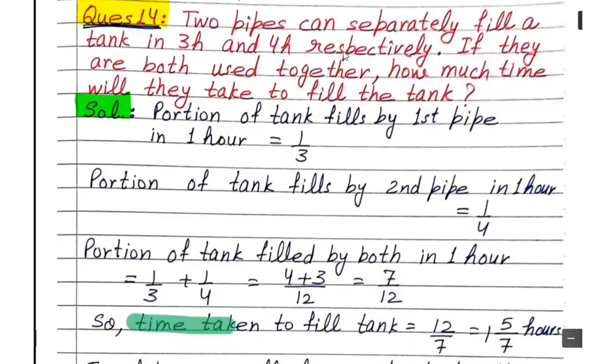Therefore, the time taken to fill the tank is 12 upon 7, that is we have taken the reciprocal. If the tank filled in 1 hour is 7 upon 12, then total time taken is 12 upon 7, that is 1 and 5 upon 7 hours, right?